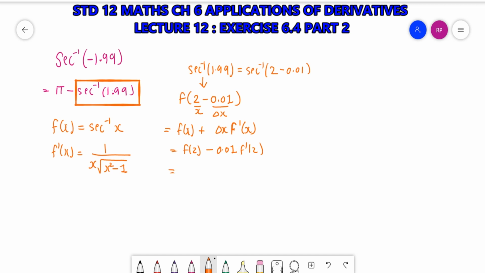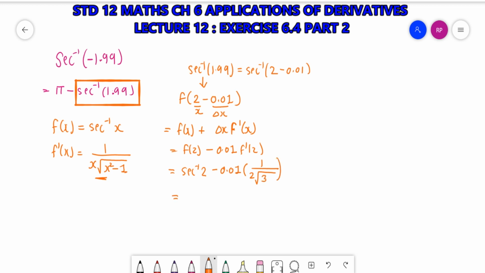Now what is f(x)? Sec inverse x. So this is sec inverse 2 minus 0.01 f dash 2, that means it is equal to 1 upon 2 square root of, we will use this function, 2 square minus 1, that means 2 square 4, 4 minus 1, 3.